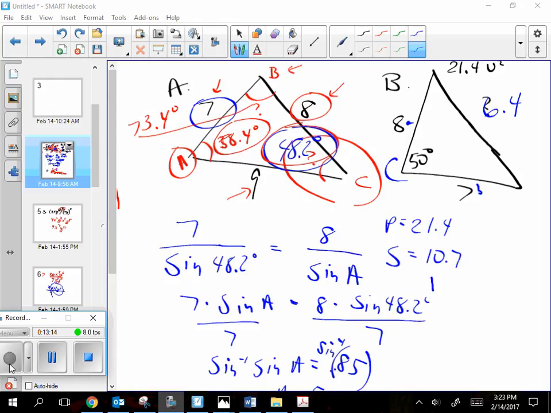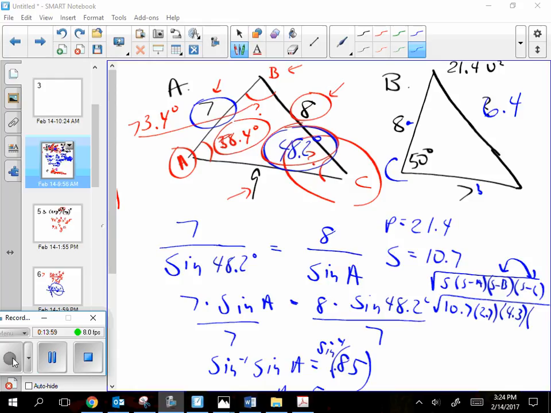Now the formula says the square root of the semi-perimeter times the semi-perimeter minus A, and then semi-perimeter minus B, and then semi-perimeter minus C. So in this case, that is 10.7 times the 10.7 minus 8, which is 2.7, and then the 10.7 minus the 6.8, or sorry, 6.4, which is 4.3, and then the semi-perimeter minus C, which would be 10.7 minus, oh, I actually mixed up my C and my B, but these two being reversed really isn't going to hurt anything.